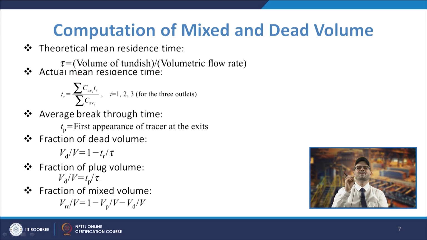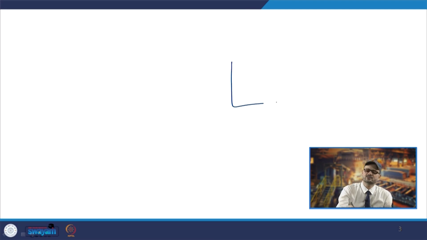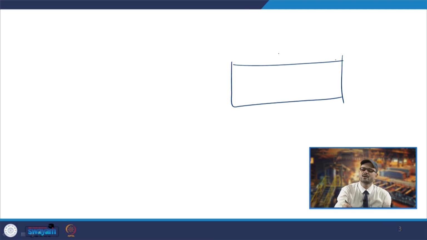So, what we do, we have a colored dye which is injected at the Tundish. So, suppose you have the inlet here, you give this colored dye.